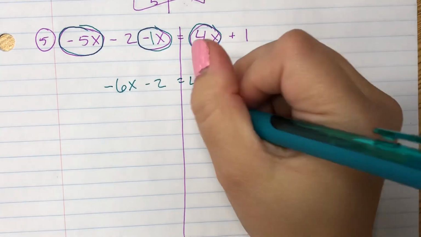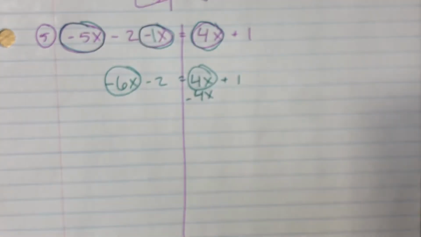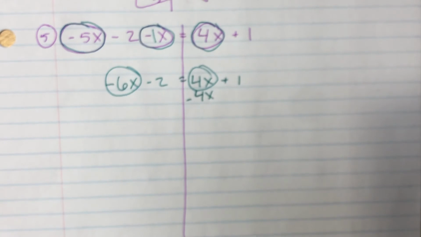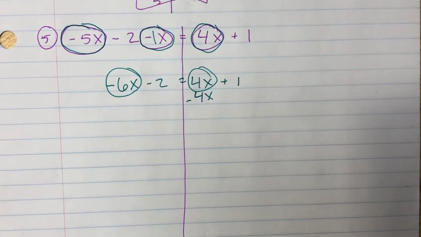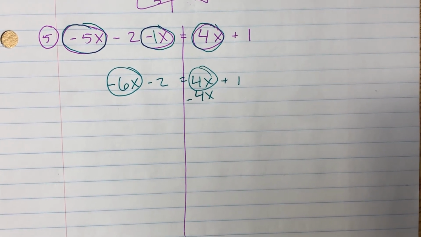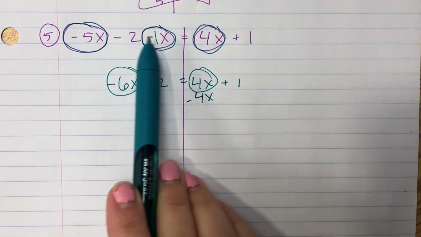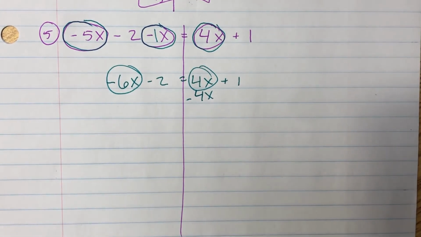All right, let's take this away. Those two are also like terms. Now they're on opposite sides of the equal sign. That's a little bit trickier. We have to actually move stuff around using inverse operations, not just combining it nice and pretty like it is when it's on the same side, okay?